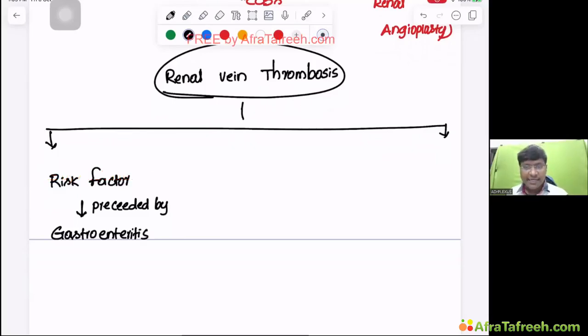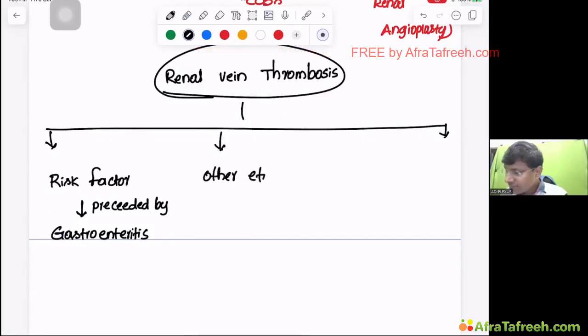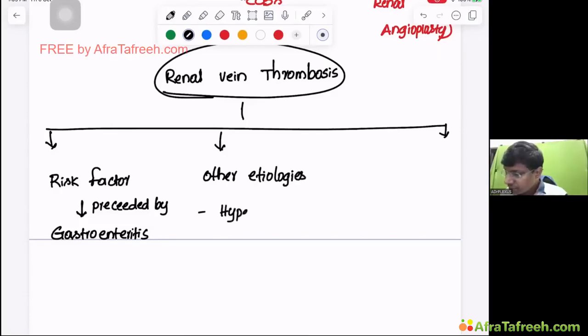Right, preceded by gastroenteritis. What will this gastroenteritis induce? It will cause dehydration. And as a part of the dehydration, there can be stasis of the blood, and that can cause hypercoagulability. And the other etiologies are hypercoagulable states.